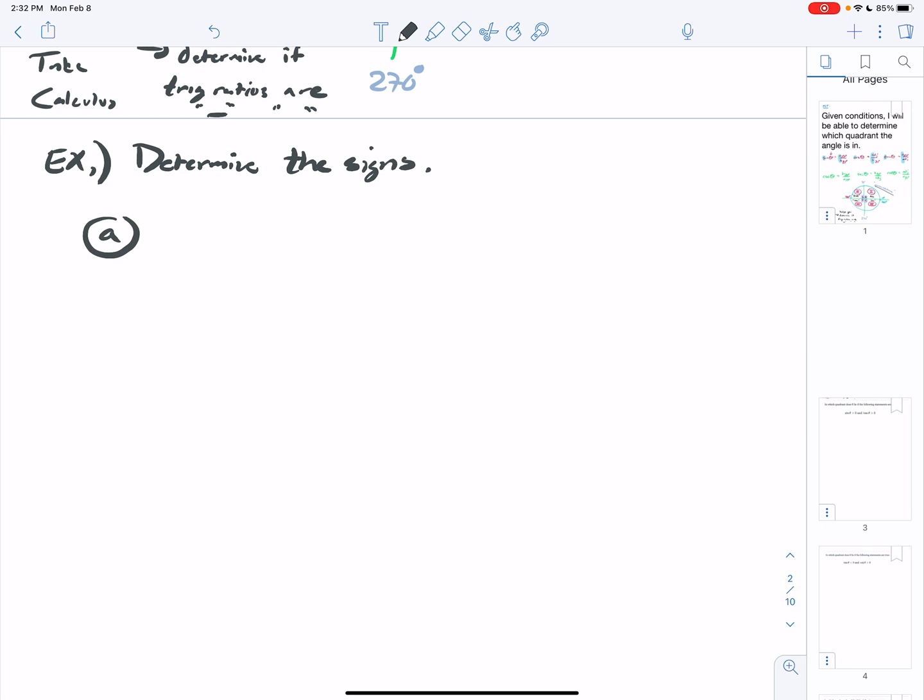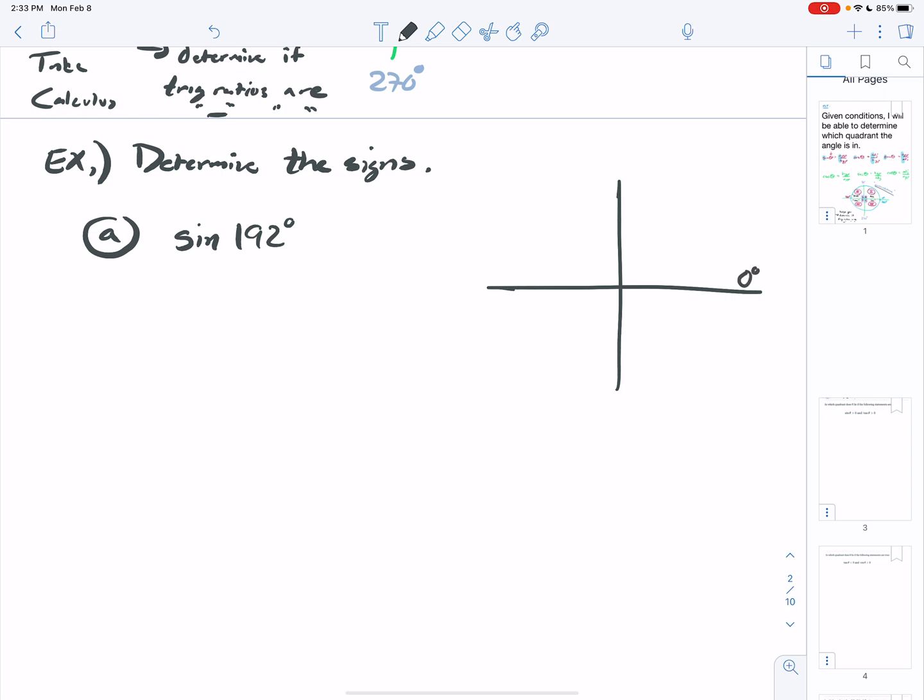So let's say we wanted to figure out the sine of 192 degrees, all right? Without a calculator, okay? We'll get to the calculator parts later, but for now, you guys got to understand why things are the way they are. So in my mind, or in your mind, you want to have your unit circle kind of in place.